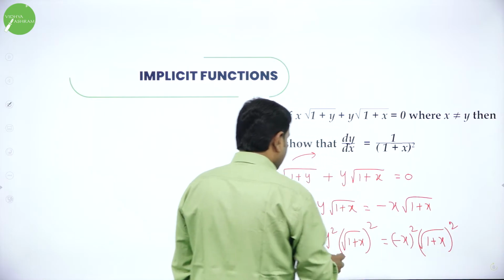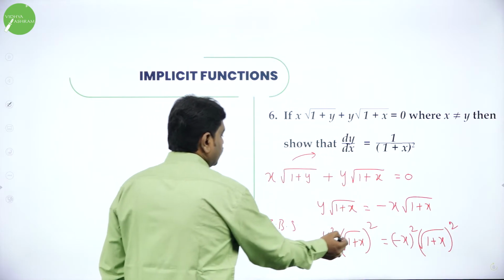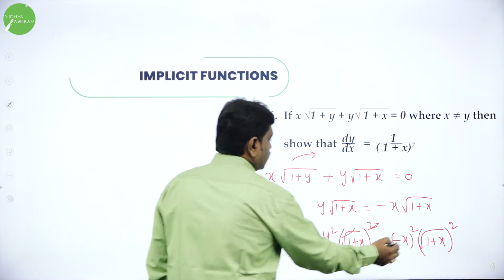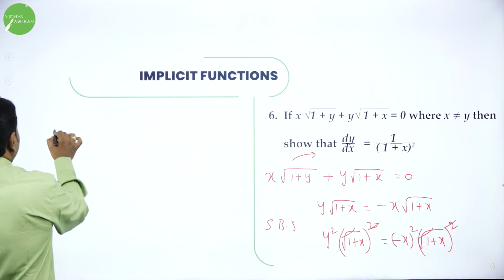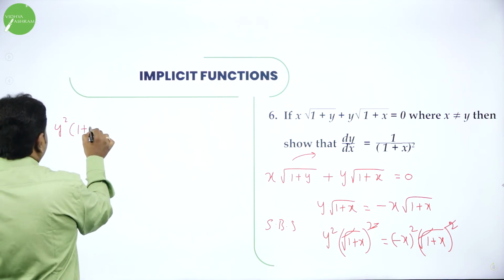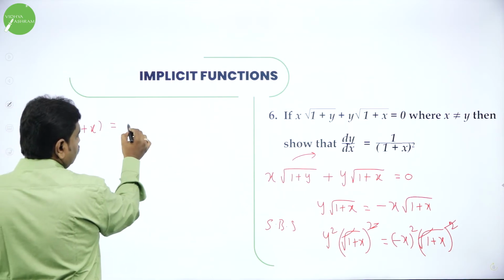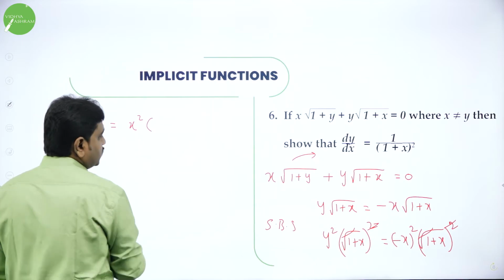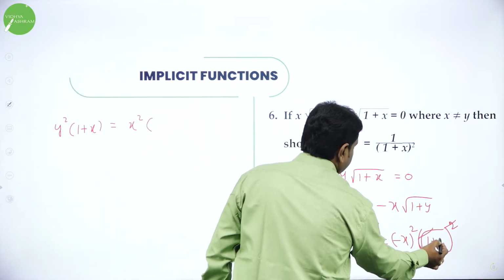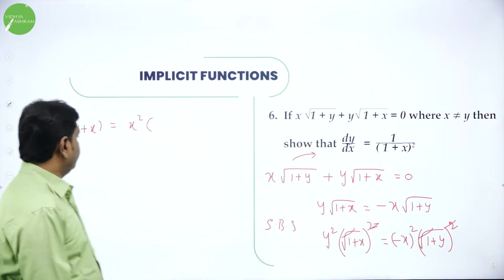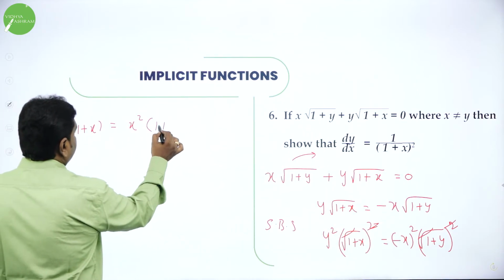Now further simplify this. Square root cancels, here also square root cancels. Now you are left with y square into 1 plus x is equal to x square into 1 plus y.